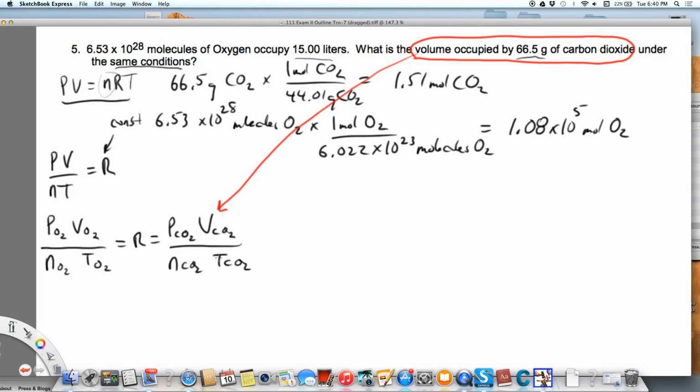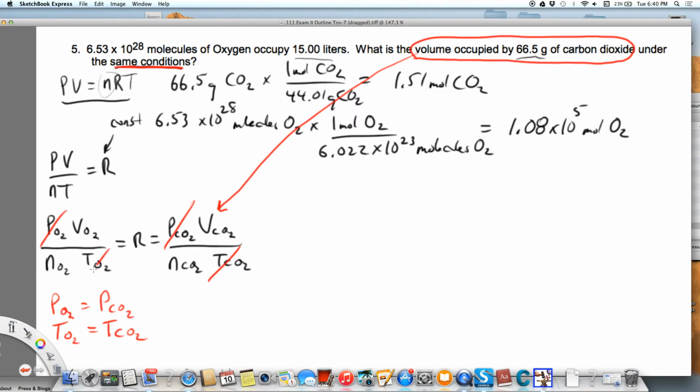Well, let's see. First of all, one thing that's real nice is it says same conditions. What that means is that the pressure of O2 equals the pressure of CO2. So guess what? Those cancel out. And then it says the same conditions, so that means the temperature of O2 equals the temperature of CO2.